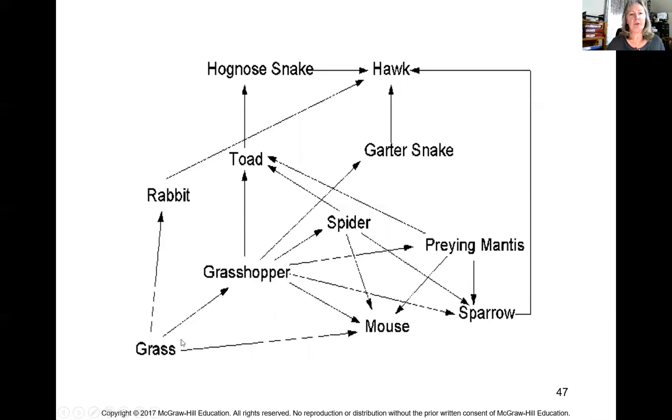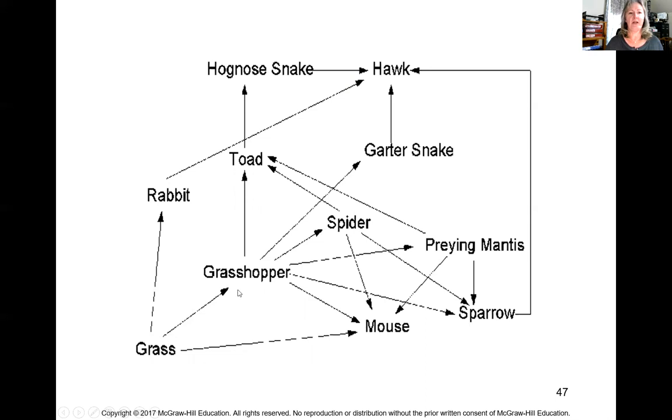But this would be your producer. All of these would be your consumers. If we went producer, primary consumer, and then what eats, snake could eat it, but since there's no arrow there, I'll go primary consumer, secondary consumer, tertiary consumer.